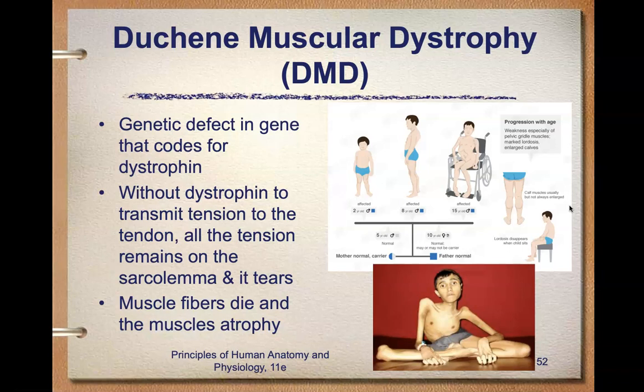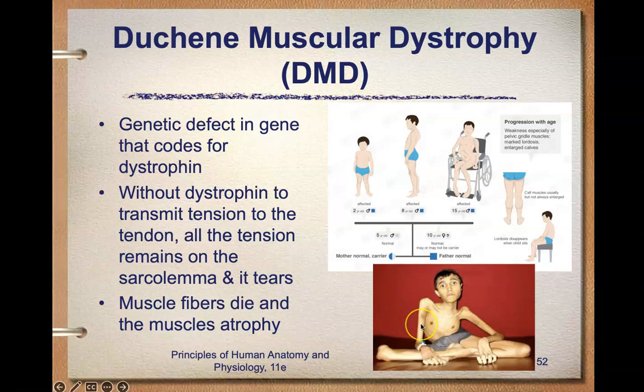And now you no longer have calcium available to bind to the troponin, like we just talked about, and allow for muscle contraction. This causes all kinds of issues, and eventually the muscle fibers just die off with all of this wear and tear on the sarcolemma. Then this leads to the atrophy of muscles. So basically the muscles will just start to atrophy and die off.